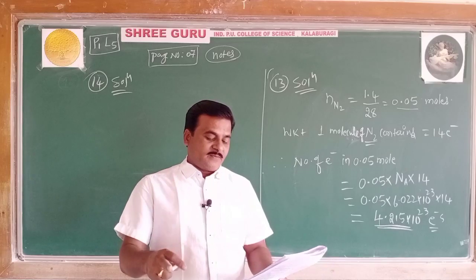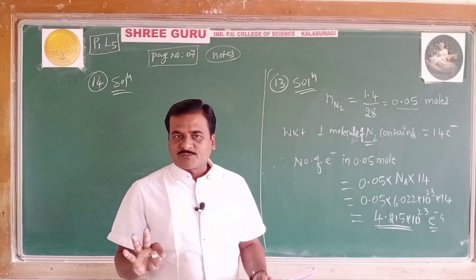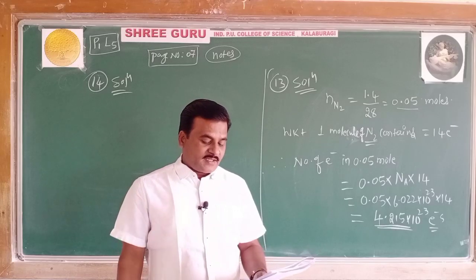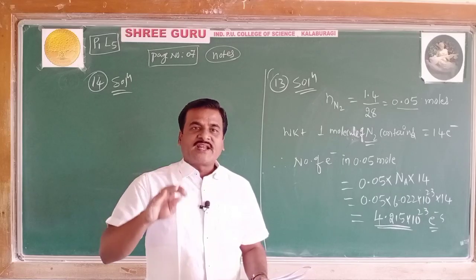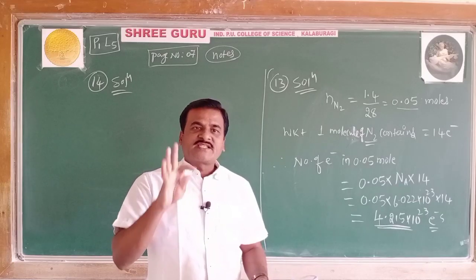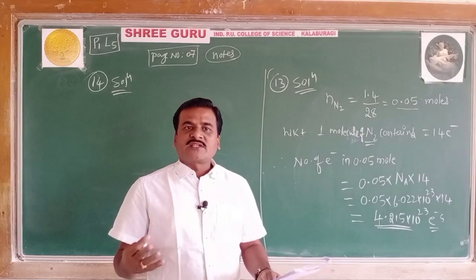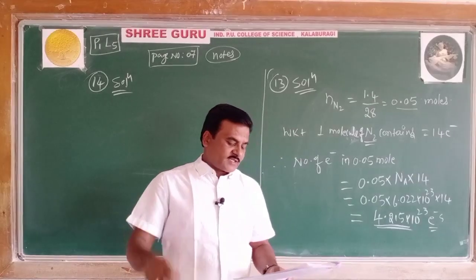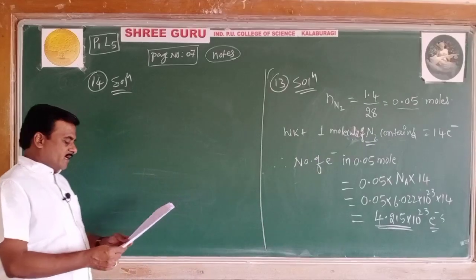So you are given Avogadro number of wheat grains in the 14th problem. If suppose 10 to the power 10 wheat grains were counted in every second, what is the actual time it takes to count the Avogadro number of wheat grains? Very simple. Come on, apply your idea. Time required.